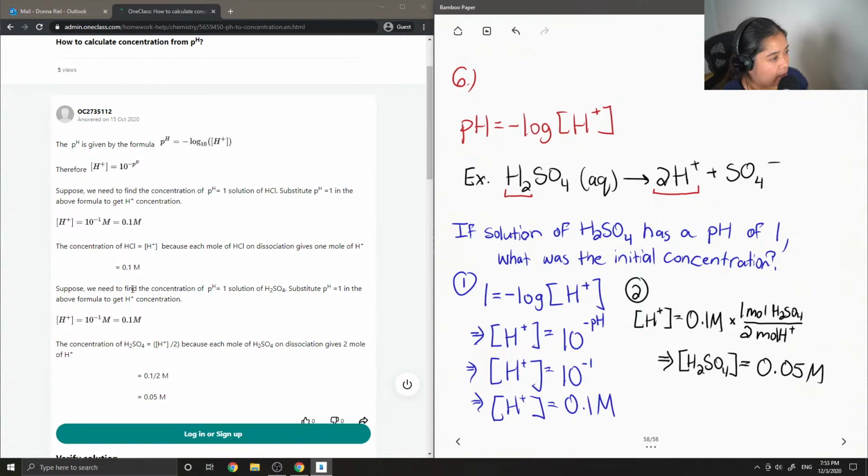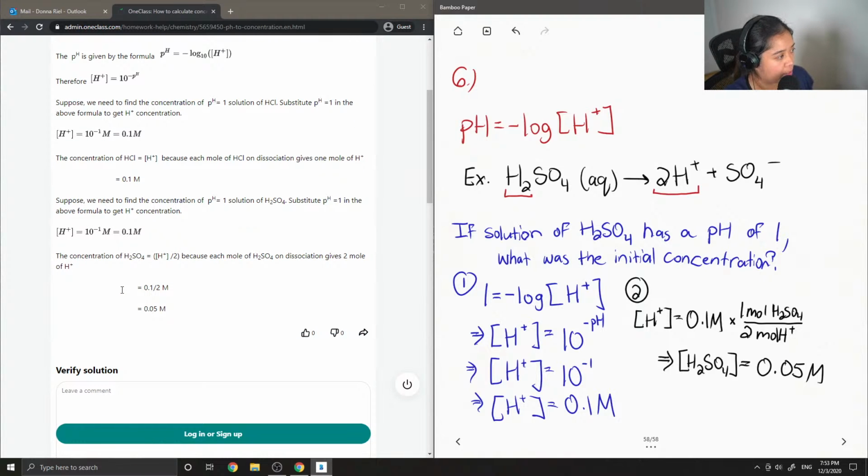Substitute pH equals 1 in the above formula to get the H+ concentration. Okay, so they got that, and then the concentration of HCl is equal to the concentration of H+, because each mole of HCl on dissociation gives 1 mole of H+.